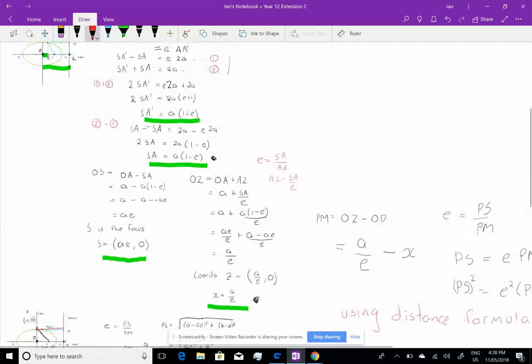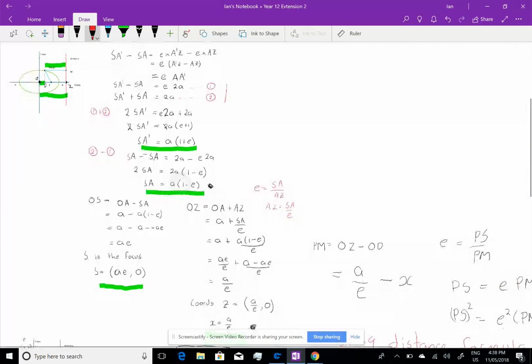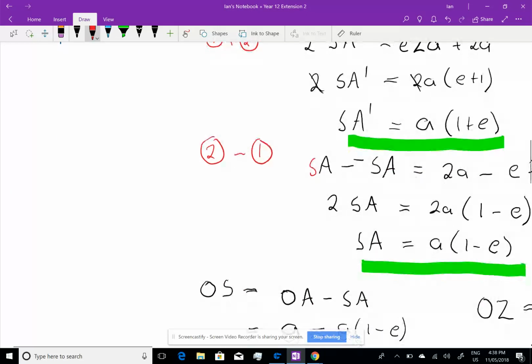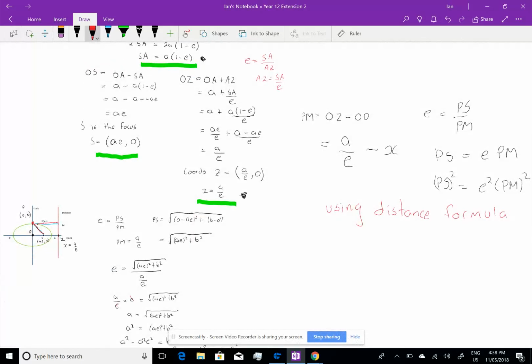So, the distance SP squared, yeah? This is the distance we're looking at, this distance here. Because we've got the coordinates of S, and we're going to find the distance SP.